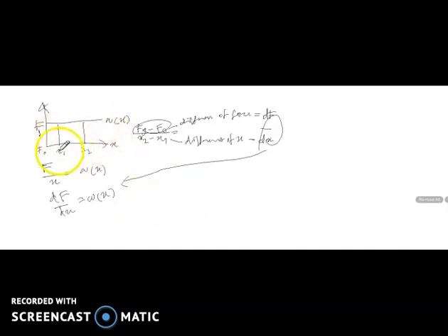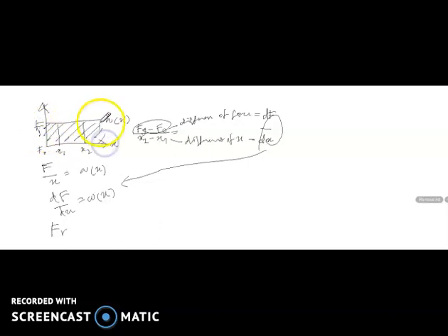So to get the resultant force Fr means that you want to find the total amount of force, the resultant force. Okay, so you want to know the total amount of this force.